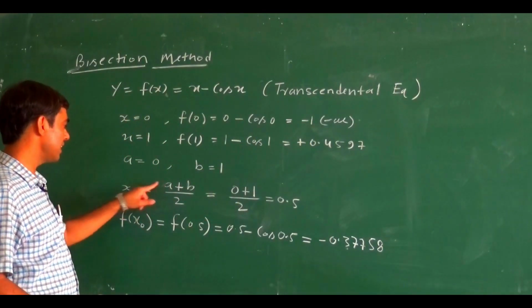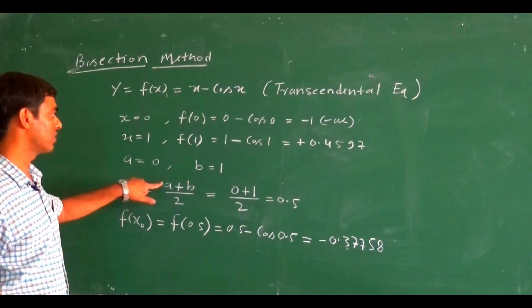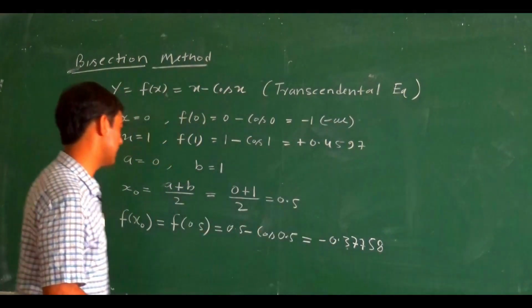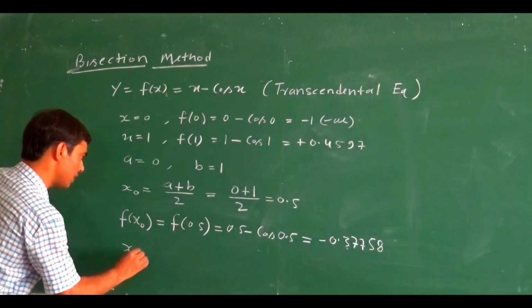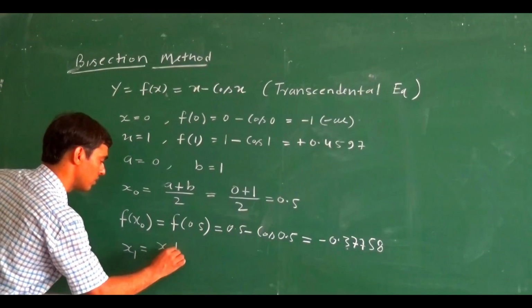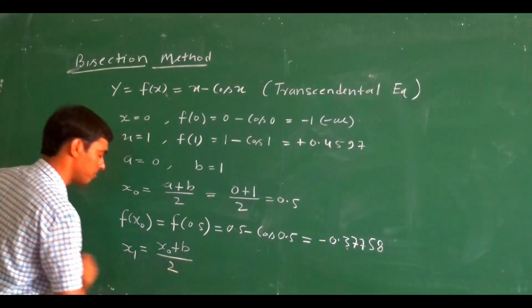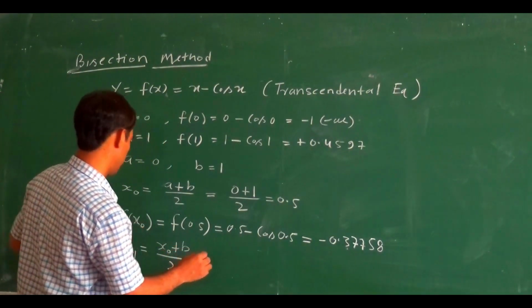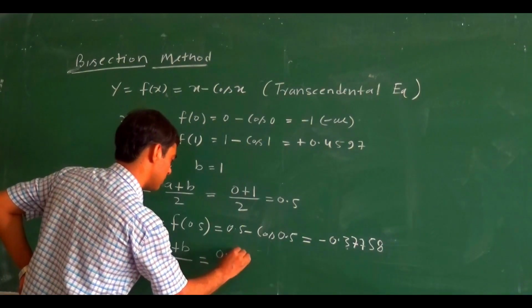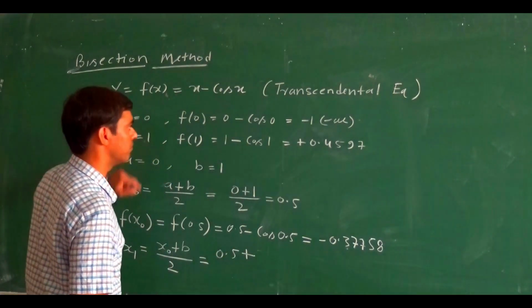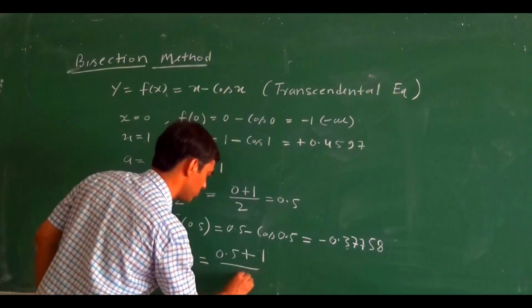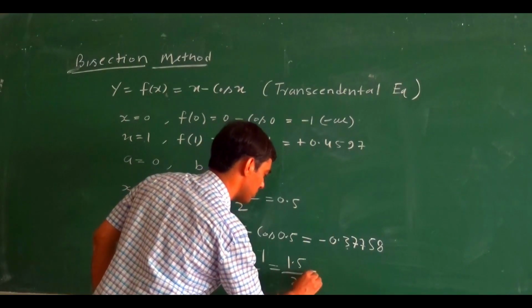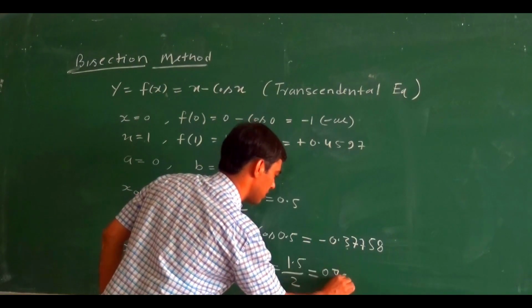So we replace a by x0. Then x1 is x0 plus b by 2, where x0 is 0.5 and b is 1, so 0.5 plus 1 divided by 2 is 1.5 divided by 2, which is 0.75.